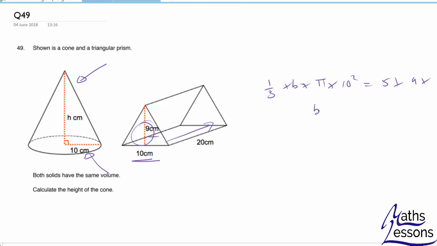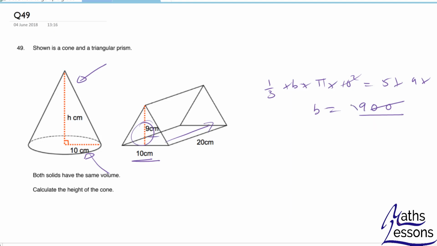So therefore h will equal 5 times 9 times 20, which is 900 there, isn't it, over 10 squared, which is 100, so we can cancel that. And we're going to divide by pi and divide by a third, which is the same as timesing by 3. Sorry, if you're dividing by a third, it's the same as timesing by 3, not dividing by 3.